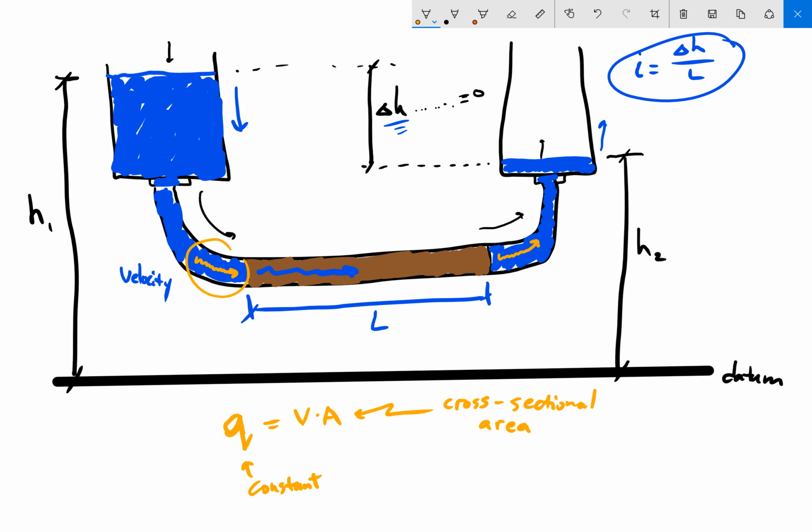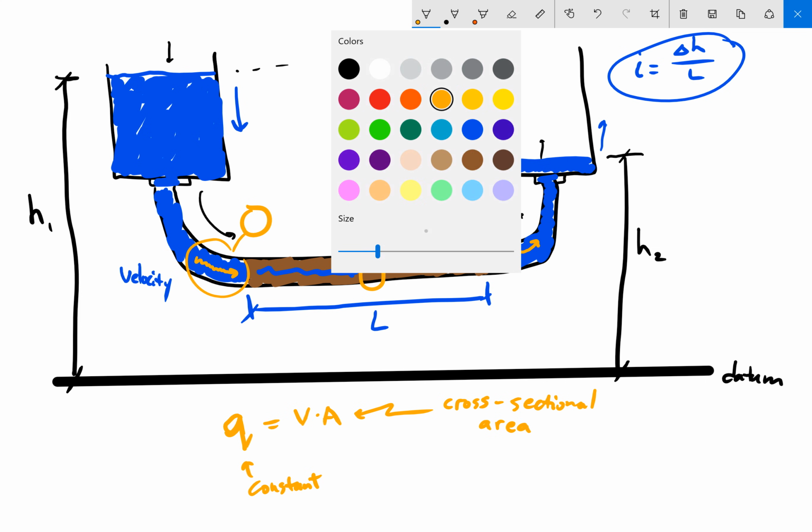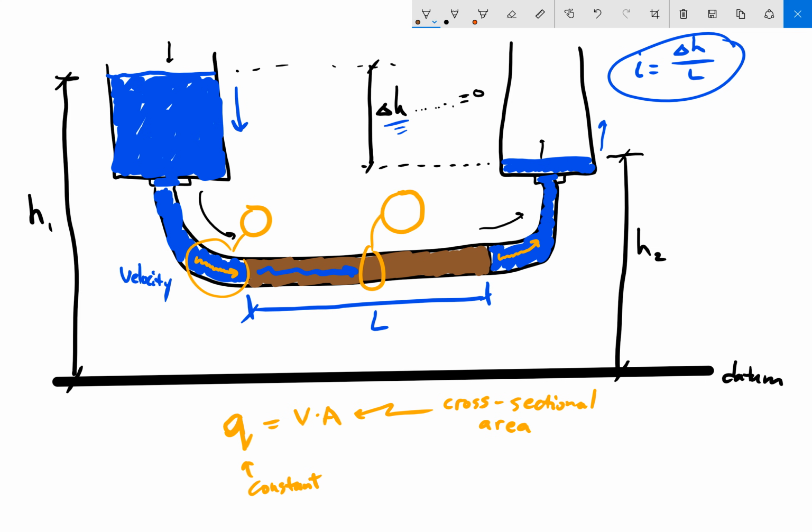It's perfectly open, and so the cross-sectional area is going to look something like this. Now, if I take a cross-sectional area in this section of the pipe, it's going to look a little bit different, right? It's going to look a little bit more like this, because there's soil in there. And the only place that the water can flow then is between the soil particles that show like they're white on the screen.